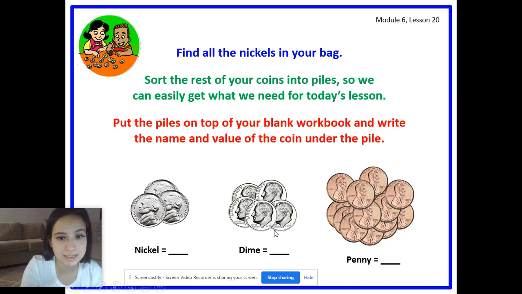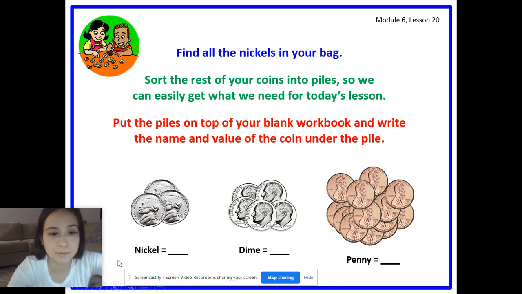So just like it's right here on my screen, you're going to write nickel equals and how much each nickel's worth, not how much you have, the value of one of those coins. So go ahead and press pause in the video and do that now. If you do not have coins, you still have to do it. You still have to write nickel and how much a nickel's worth, dime and how much a dime is worth, and penny and how much a penny is worth. Press play when you have all your answers so we can check yourselves.